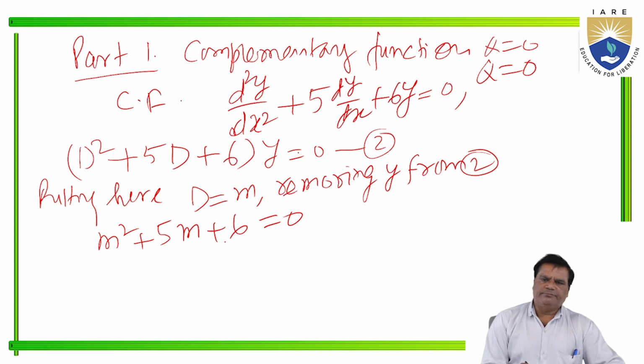Finding the roots of m: m square plus 3m plus 2m plus 6 equal to 0.